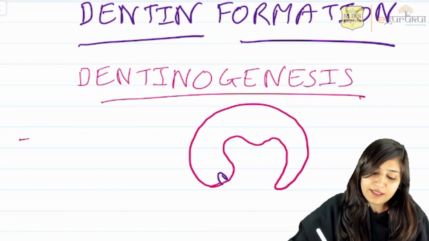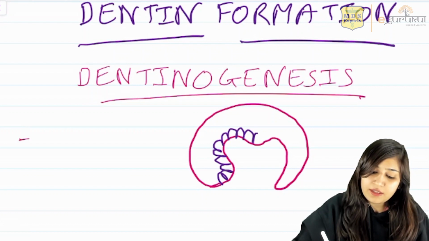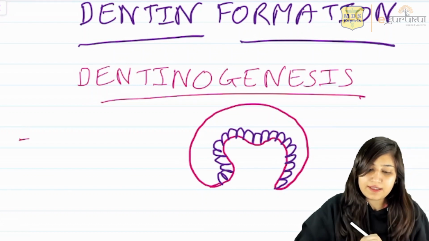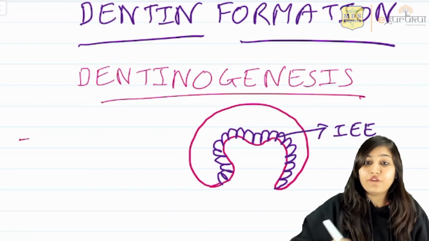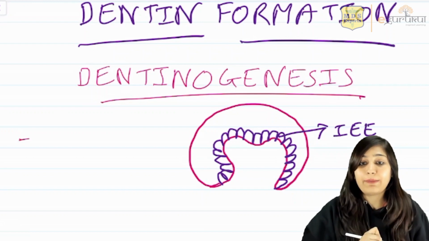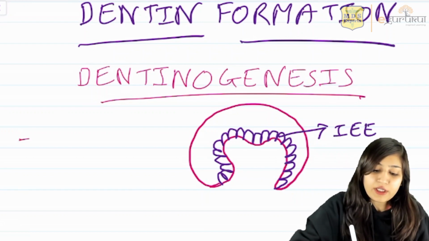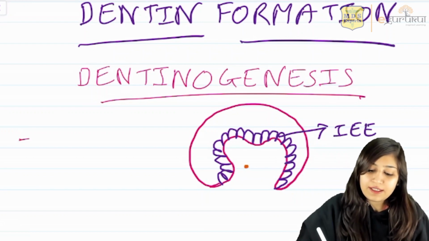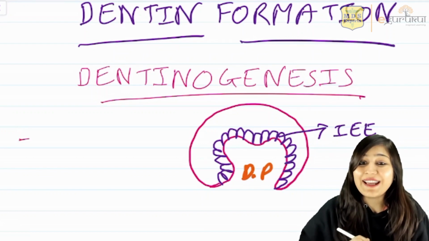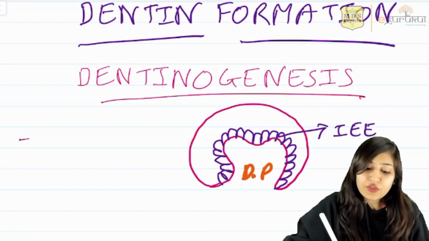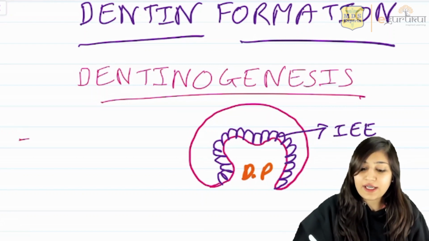there are inner enamel epithelial cells. Here you can see the columnar cells I am drawing. They are inner enamel epithelial cells. So now, under the organizing influence of these inner enamel epithelial cells, what is present here? Dental papilla. Ectomesenchymal cells of dental papilla are present. These cells undergo condensation and they form what?